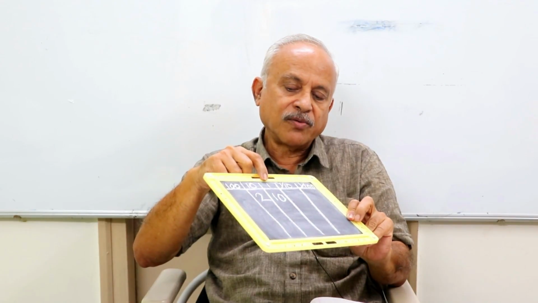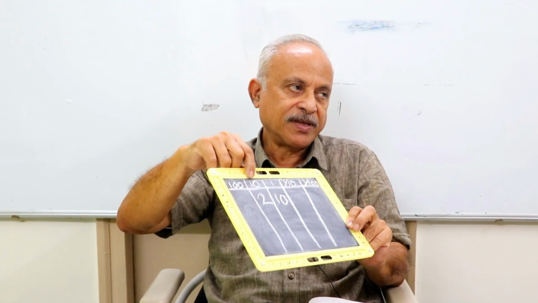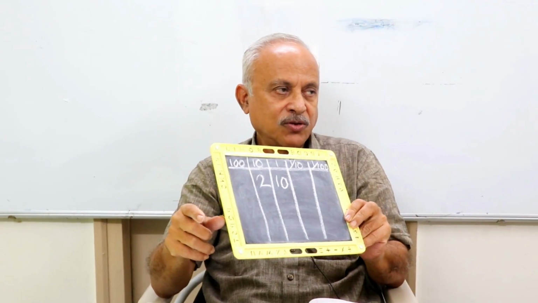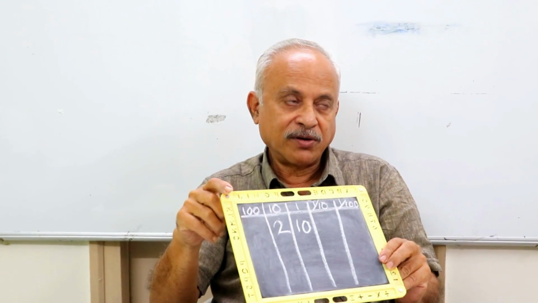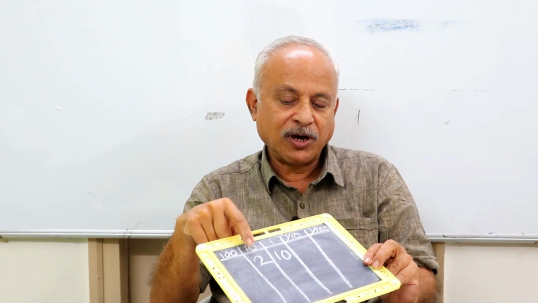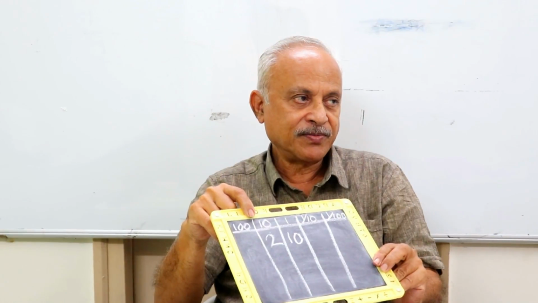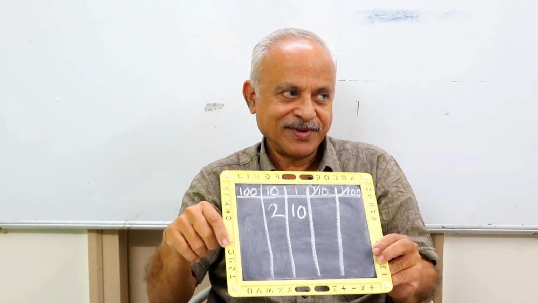How many 1 rupees are there? 10. How many 10 rupees are there? 2. So in total, how many rupees is it? 210. Is it 210? It looks like 210. But 2 in the house of tens is how many rupees? 20. And 10 in the house of ones is how many rupees? 10. So put together, how many rupees is that? 30. Okay.